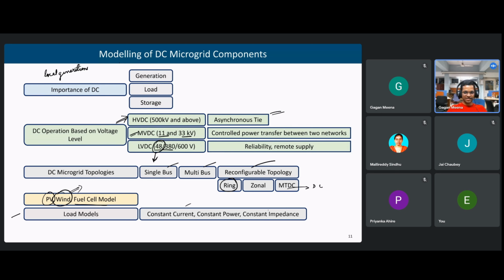So can you tell me, the incandescent light bulbs that we used to have earlier, which of these three categories do they fall into? Constant current, constant power, or constant impedance?